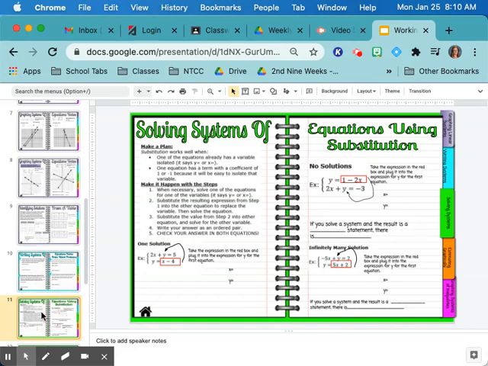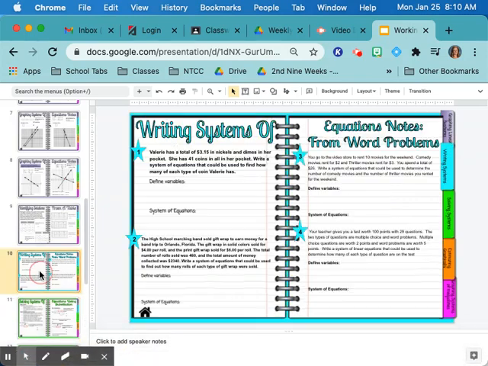So now we're on 11 that says solving systems of equations using substitution. So, 10, 11, and 12? No, this one, writing systems of equations notes from word problems, we keep that one. We're just going to skip it for now. We'll come back to it.